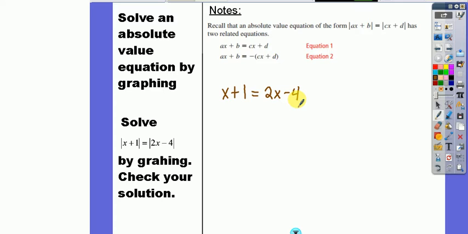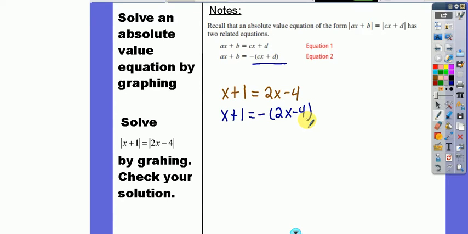And then I'm going to do the same thing, except x plus 1 is going to say positive, but what am I going to put in front of 2x minus 4? What does it say here to put in front of 2x minus 4? A negative 1, which will be distributed, right? So what I have is this.